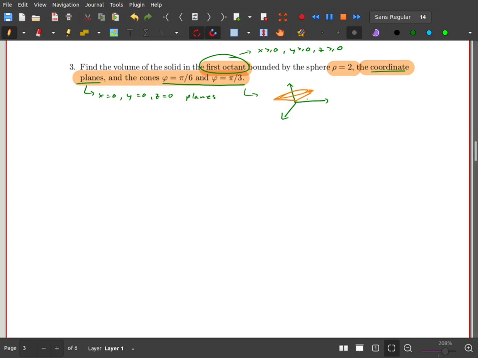That's cone number 1 with some angle there, phi equals pi over 6, the smaller angle. Then the second cone will be something like this, where this angle out here will be phi equals pi over 3.